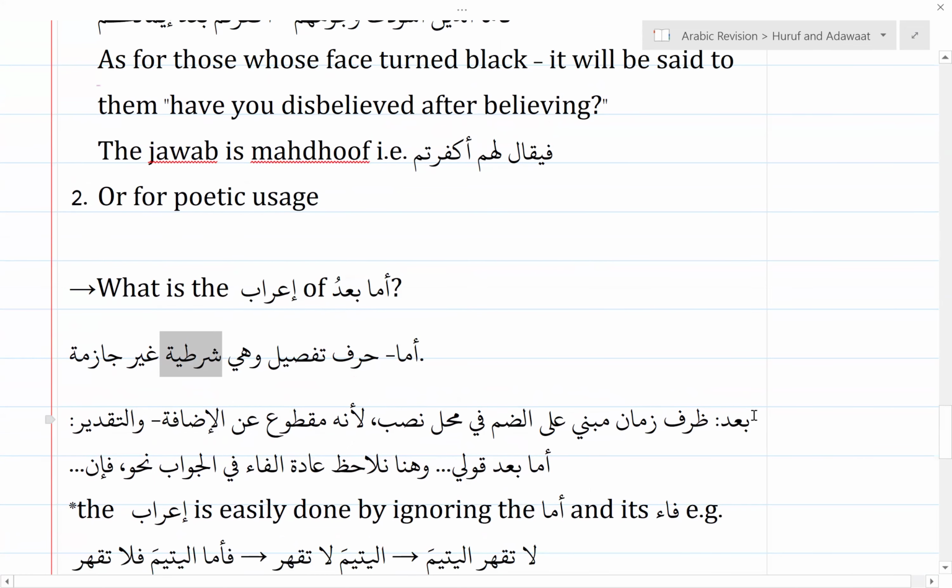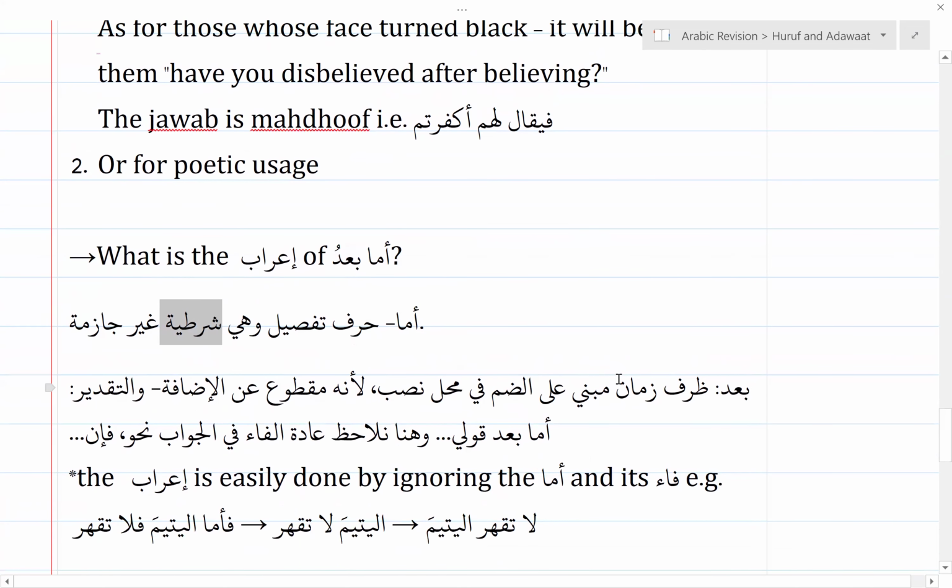And then ba'd is the ظرف. We know ba'd is a special mudaf. That means it's a ظرف متعلق. Forget all this stuff you don't need. مبني على الضم. It's good to know later, but for now it's not really important. Now, why does it have a dhamma? Because it doesn't have a mudaf ilayhi. مقطوع عن الإضافة.